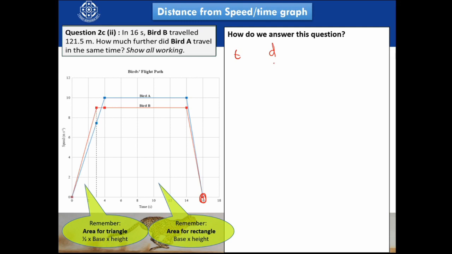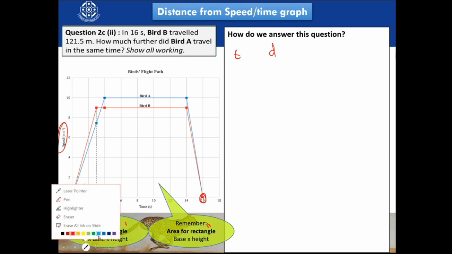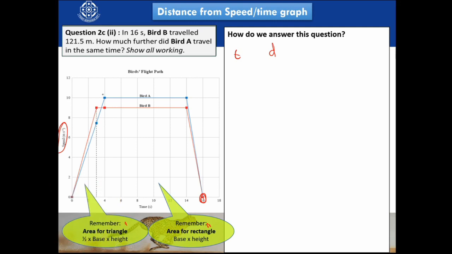Now, when we want to talk about distance, whenever we're talking about a speed time graph, this I haven't shown you yet, we have to work out the area under the triangles. So you have to calculate the distance, the area under the graph.